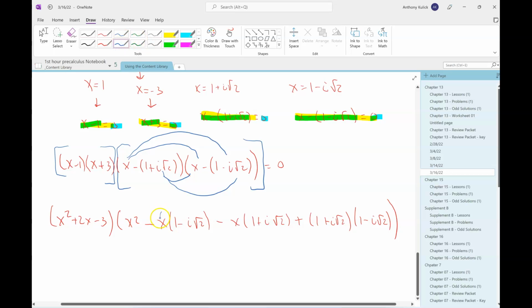All right. We got a lot of cleanup to do on this one. I'm going to start by distributing the x's through. Everybody's okay there?